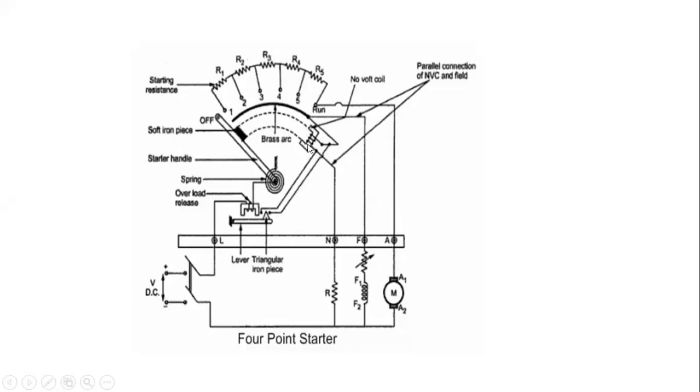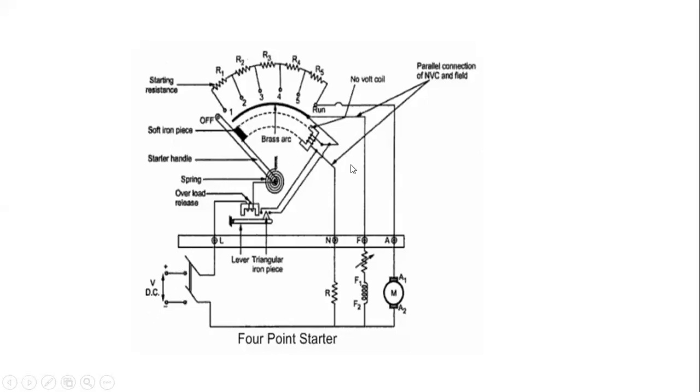Why? Because this no volt coil releases the energy and dissipates the energy, so it is demagnetizing. Due to the demagnetization, the handle is moved from the on position to the off position when we are cutting the supply.